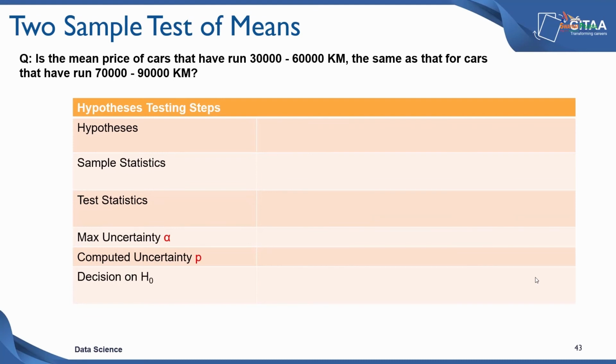So these are two independent samples, and we want to test whether the mean in one group is the same as the mean in the other group. The hypothesis naturally is mu1 equal to mu2, and the alternative hypothesis is that mu1 is not equal to mu2.